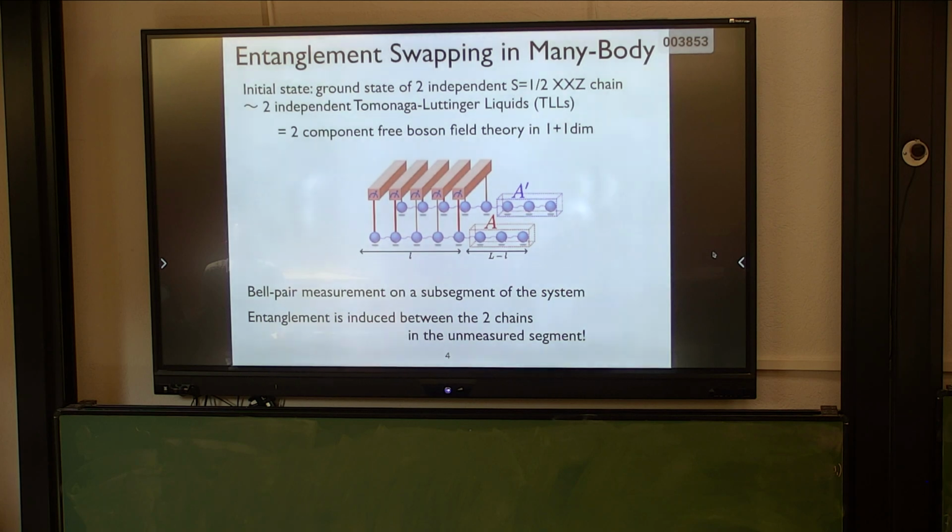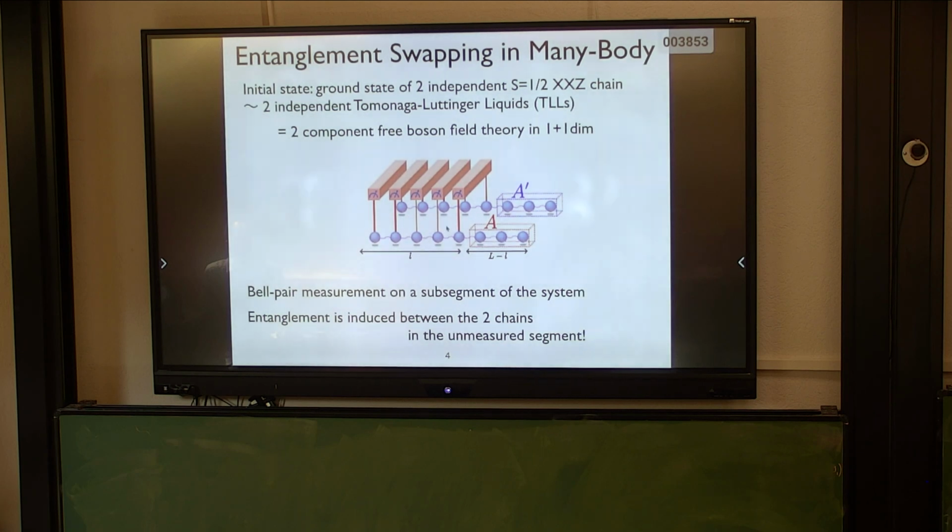Then you split the system into two parts, left and right. In the left part, I pick one spin, or qubit, from chain 1 and the corresponding spin from the other chain at the same location. Then you perform a Bell pair measurement, a projective measurement onto one of the 4 maximally entangled states between these two spins.